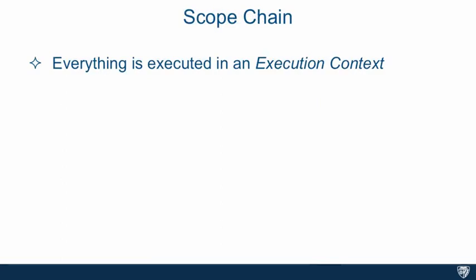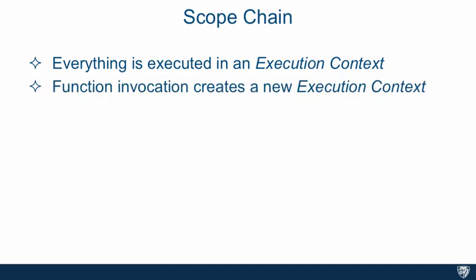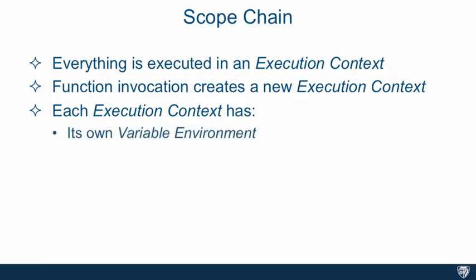Now, in order to understand how scope chain works in JavaScript, you have to understand how the JavaScript engine executes things. Everything in JavaScript is executed in an execution context. Now, a function invocation creates a new execution context within which that function is executed. Each execution context has the following. Number one, it has its own variable environment.